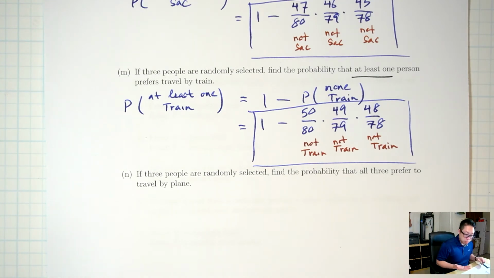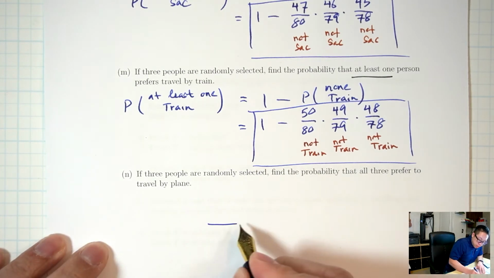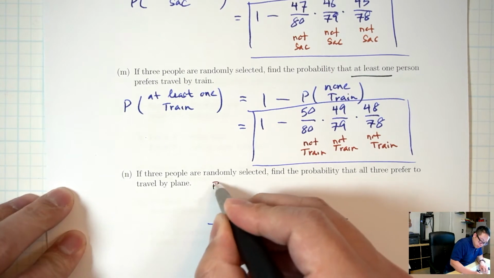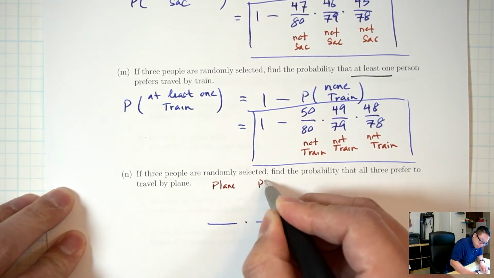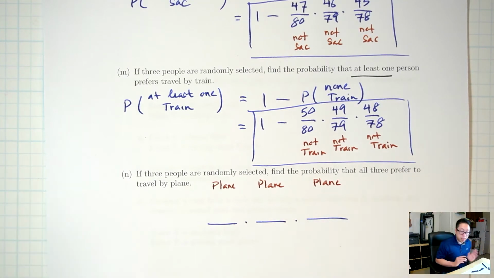So you can just do this one directly. 3 people means 3 fractions. And I want all 3 to prefer plane. So all 3 here will be plane. And then you can do this the same way that you did it on the previous page.